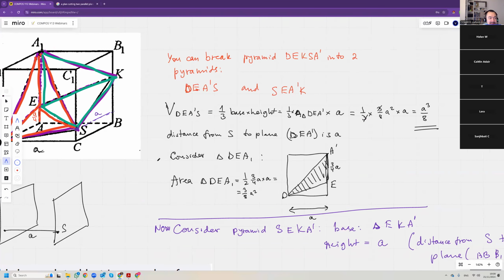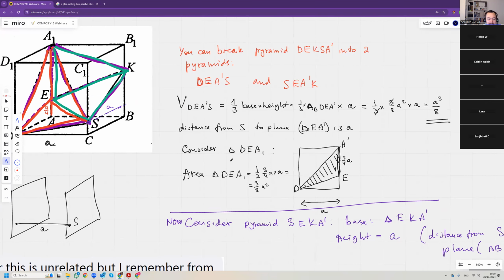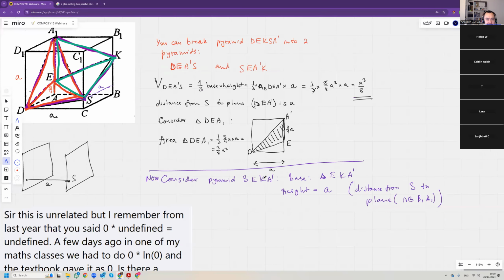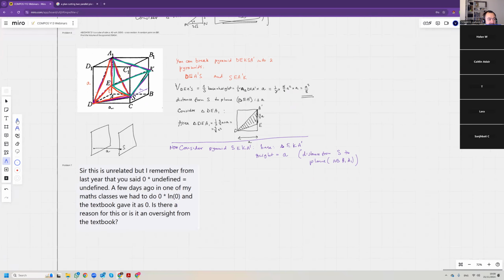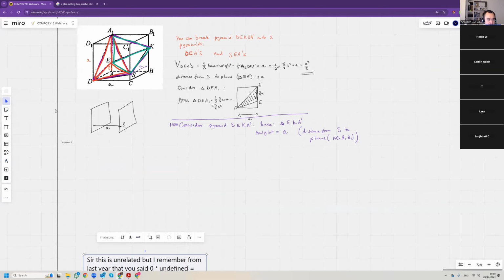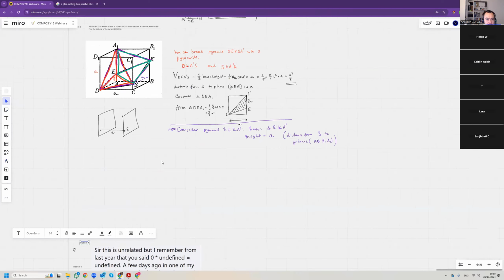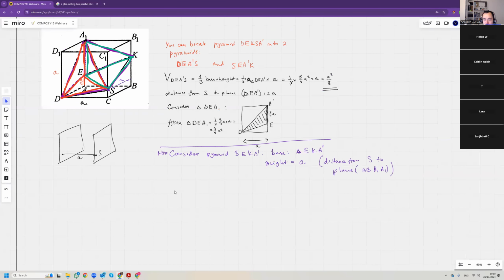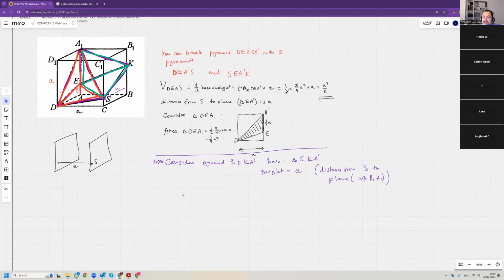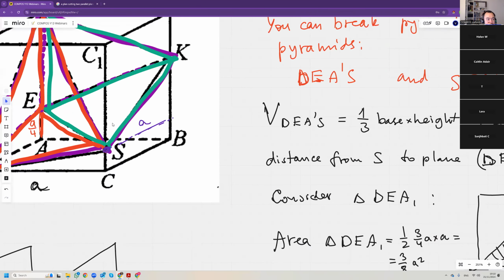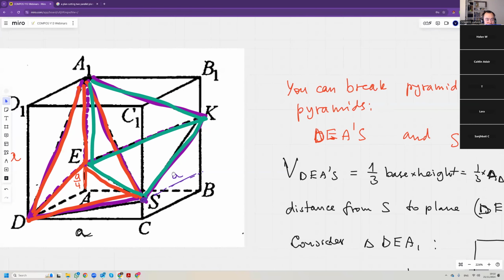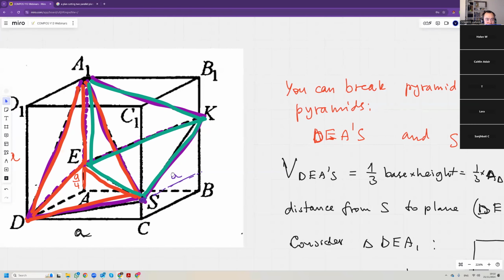Once again, the height is A. Is that what you're asking? Okay. So look at the triangle EA'K.